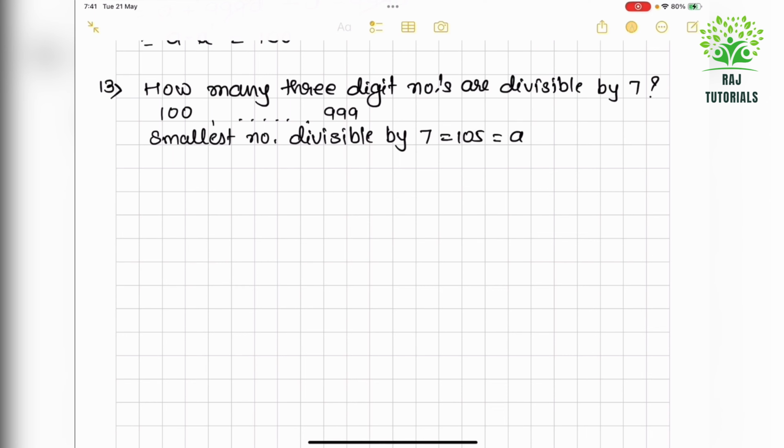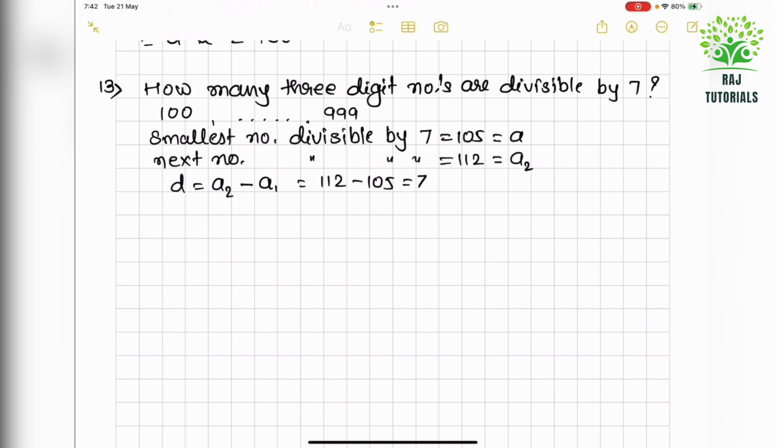So that will be my A, and the next number divisible by 7 will be 112. So this will be A2. So D will be A2 minus A1. So that is 112 minus 105.